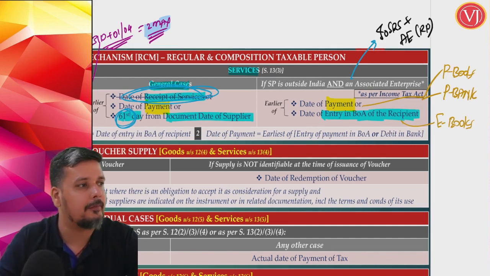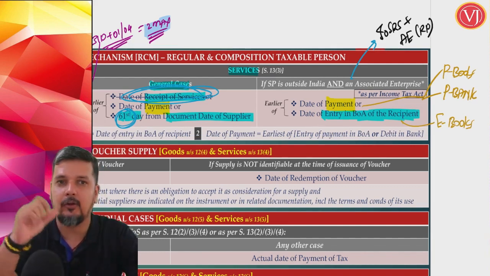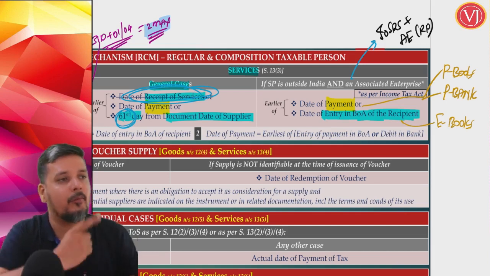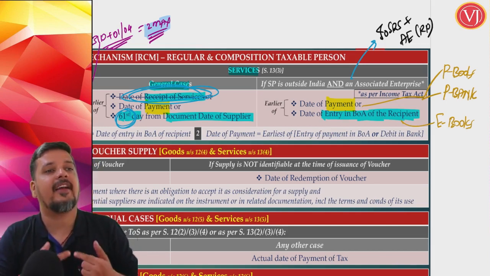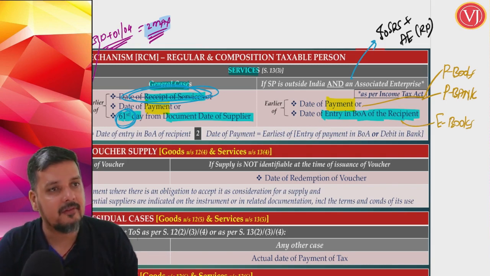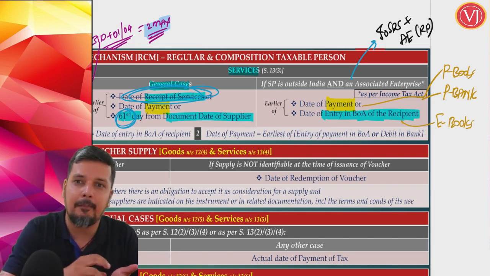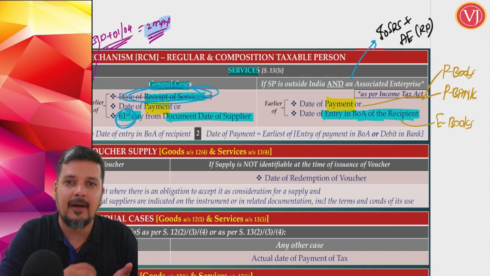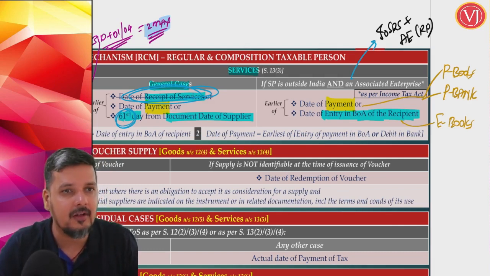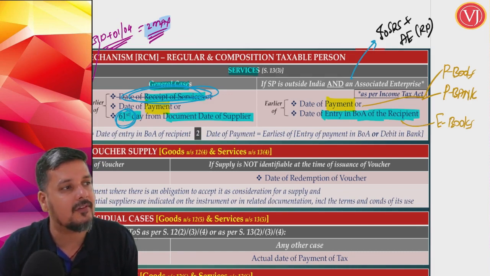If I were to break this formula into its minute parts, it is payment in books or payment in bank, or expenses in books. Before making the payment, you'll pass an expenses journal entry in the books of accounts, whichever is earlier.